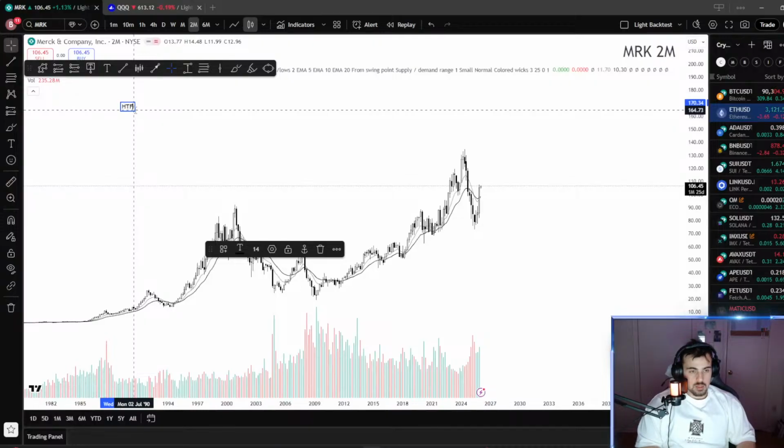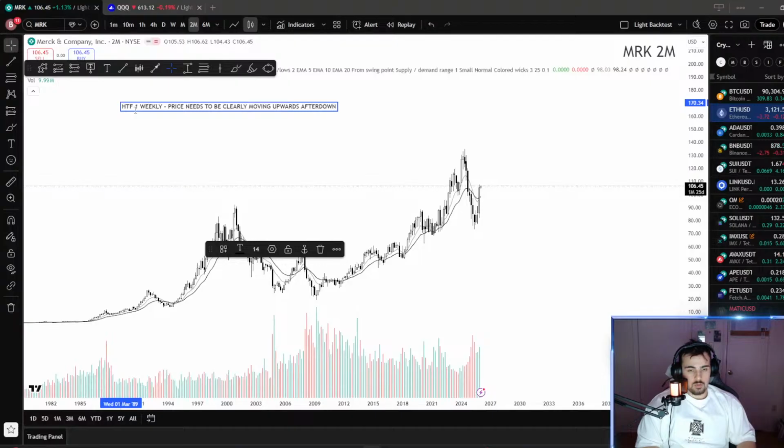So on my higher time frame, my weekly, price needs to be clearly moving upwards after downwards price action to signal clear accumulation.